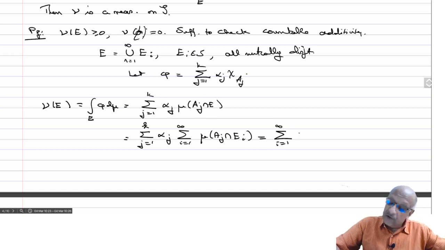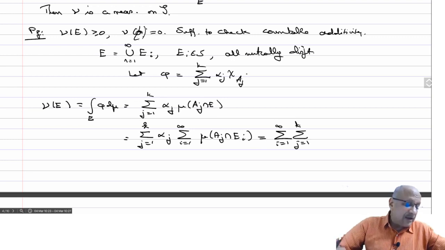The sum over i equals 1 to infinity and the sum over j equals 1 to k. It's like summing k series at the same time.